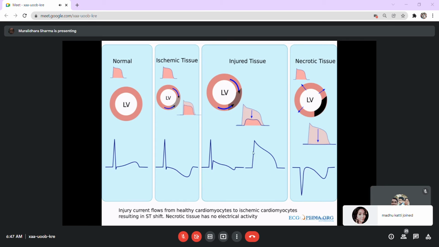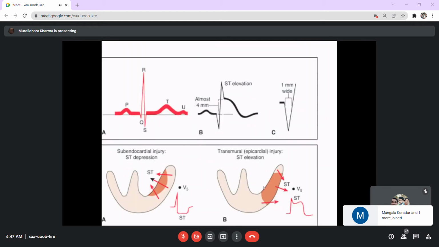So the ST segment gets elevated in an injured tissue. Depending upon the position of these changes, we may consider whether it is an intramural or a transmural pathology. If it is intramural, within the endocardial area, then the conduction of the current will be from the exterior to the interior, and hence there will be ST depression.